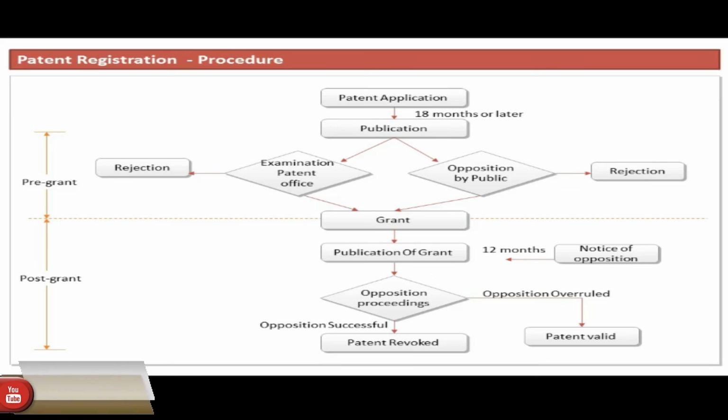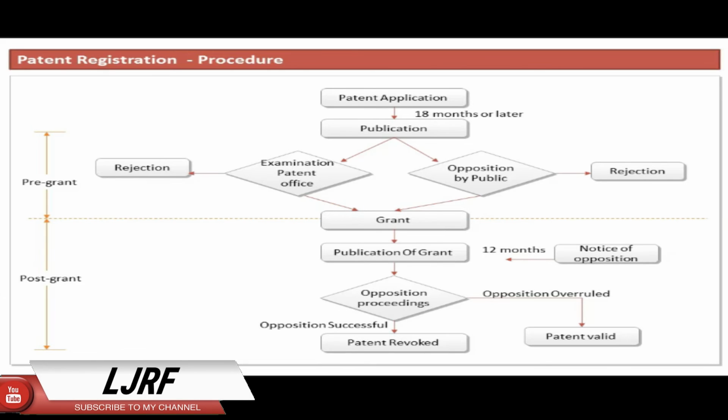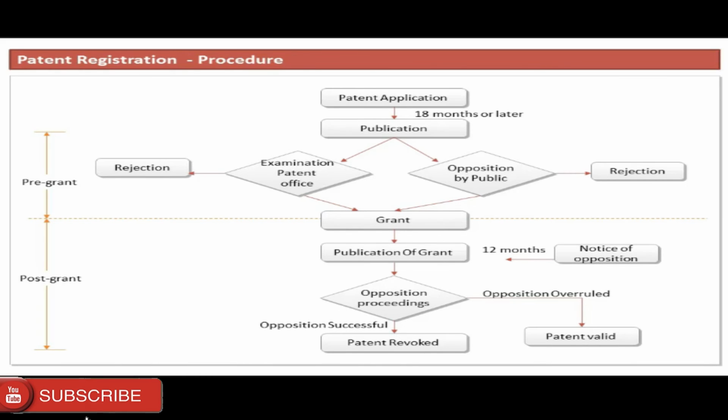And apart from that, they've got arrangements with very many main patent offices like EPO, the European Patent Office, Japanese Patent Office, Chinese Patent Office, UK Patent Office, US Patent Office. They also have their materials available with them, and that is being shared with us.